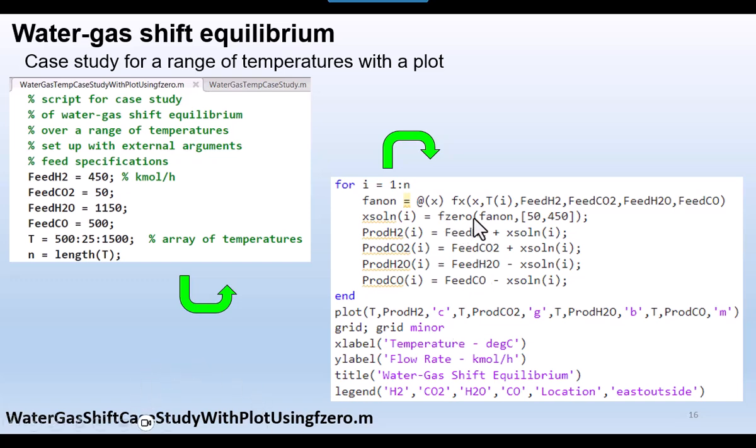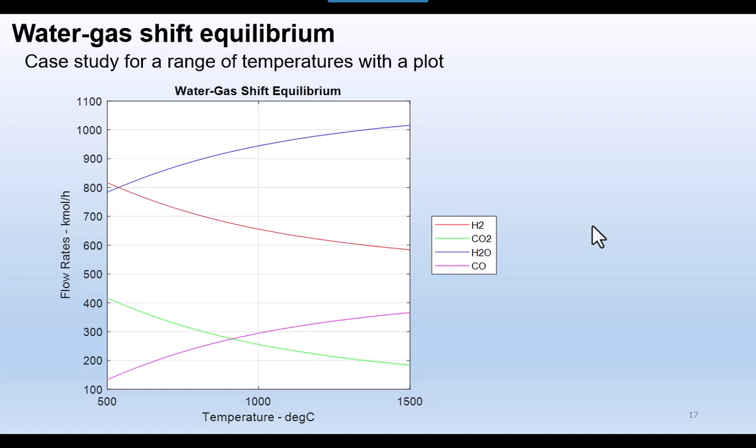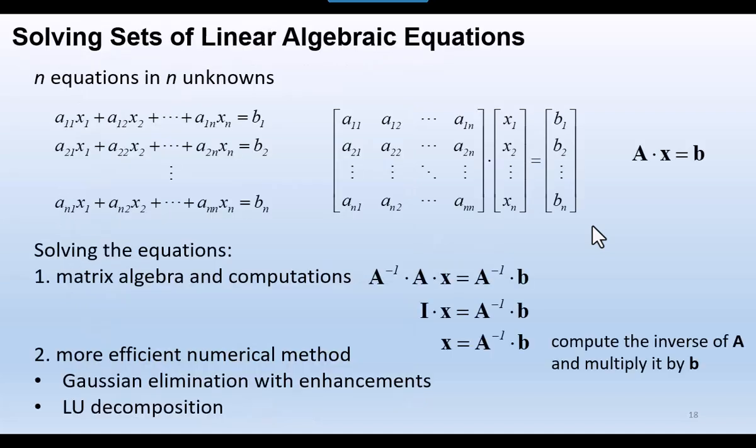So there's the fzero in the same setup that we saw before, and you need to get used to this idea of defining an anonymous function in order to pass more arguments through an intermediate function. You'll see that various times. And this was a solution that we received. And now we move on.